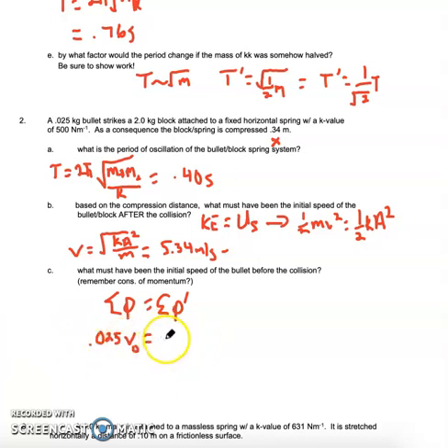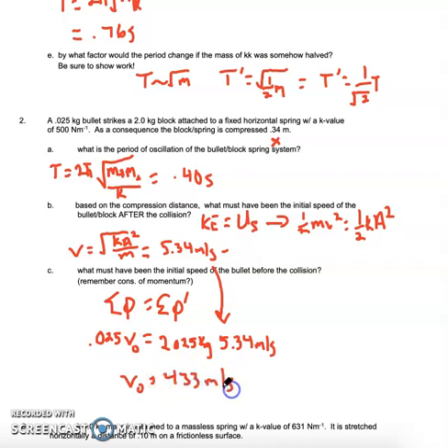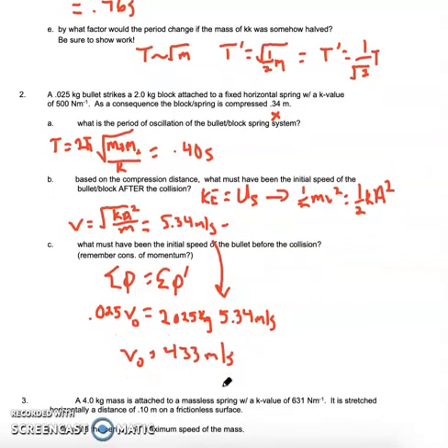That equals the sum of the two, so they combine, so the total mass is 2.025 kilograms, times the velocity of both after, which we just found here, 5.34 meters per second. Do simple algebra, and we get about 433 meters per second. Okay, moving on.